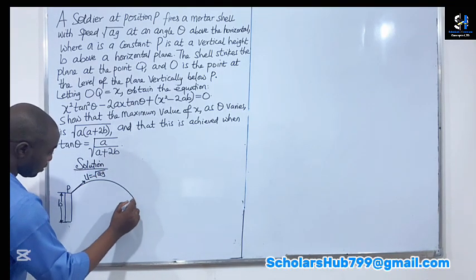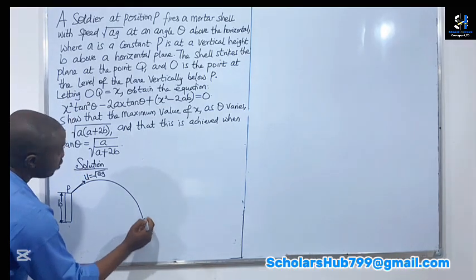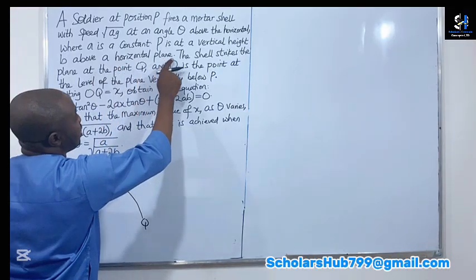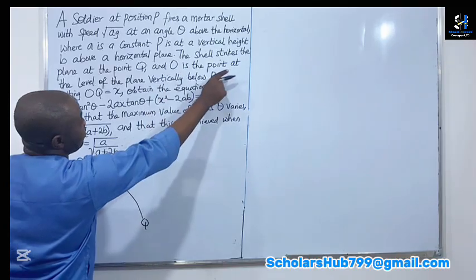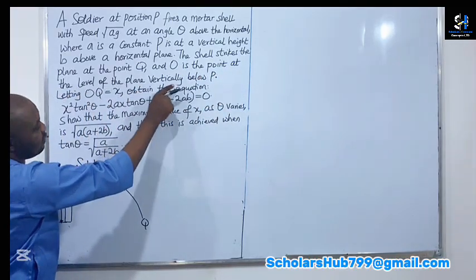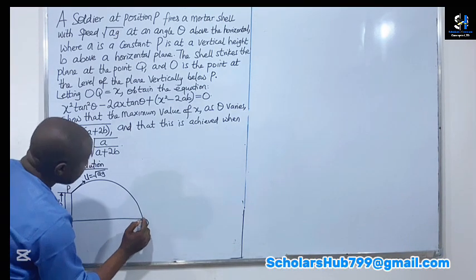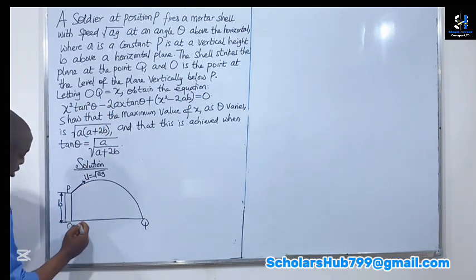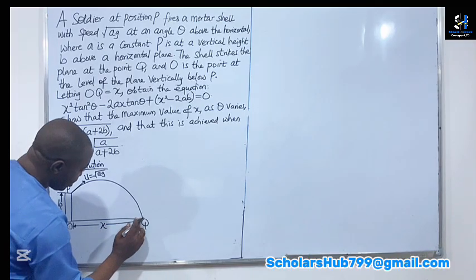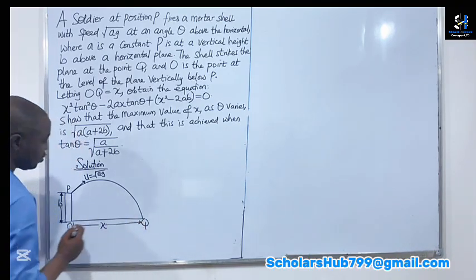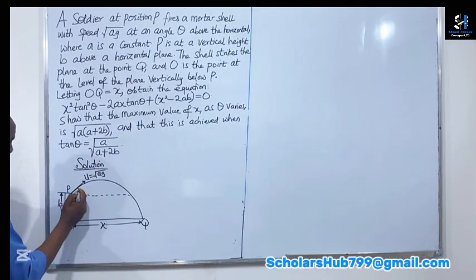So it goes this way, then lands on the horizontal plane at Q, because the shell strikes the plane at the point Q. So let's say this is the point Q, and O is the point at the level of the plane vertically below P, so this is O. Letting OQ equal X, the distance from O to Q is X. Now the inclination above the horizontal plane is theta.